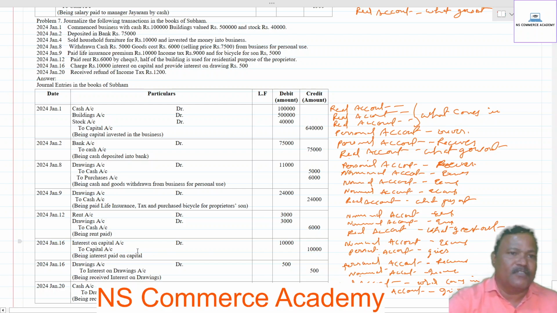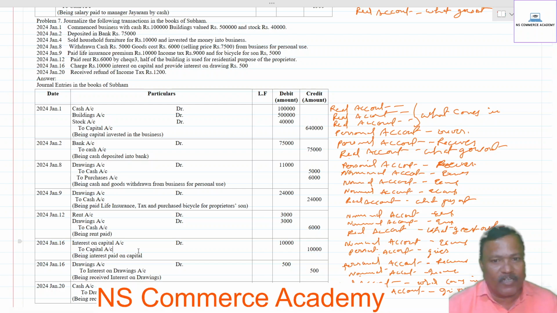Okay. Next, on January 16th, charge 10,000 interest on capital and provide interest on drawings 500. So here we have to make two entries for this transaction. First one is interest on capital.